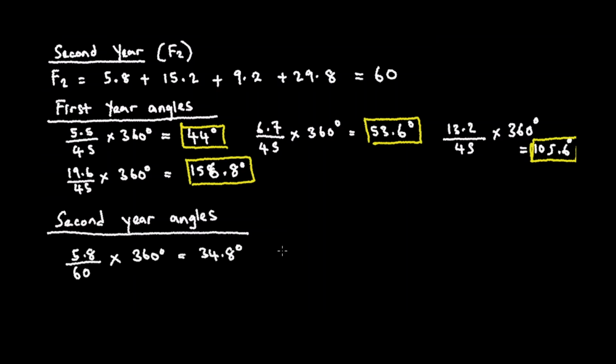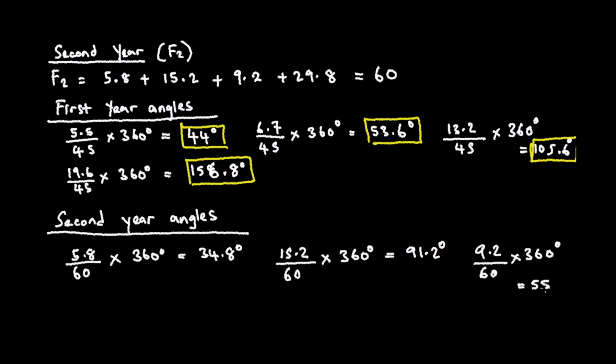The second observation, for America now, is 15.2 over 60 times 360 degrees, and our answer is 91.2 degrees. Let us now go to Asia. 9.2 over 60 times 360 degrees. Our answer is going to be 55.2 degrees.